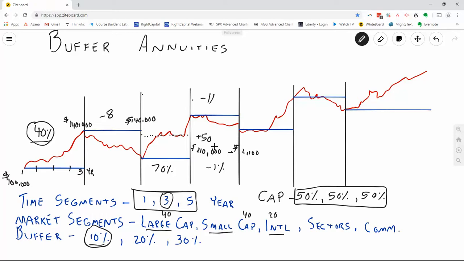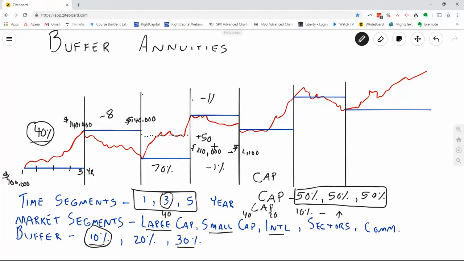Now, you might say, well, obviously, I'm going to choose the 30% buffer rather than the 10% buffer. Well, keep in mind the cap. If you're going to take the 10% buffer, caps are going to be higher.